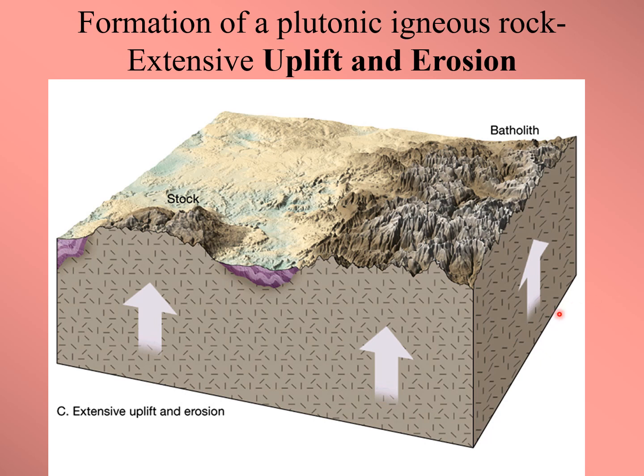And then the last thing: when we see plutonic igneous rocks exposed at the surface, in order for that to happen, you have to have lots of uplift and erosion. I think I mentioned this in plate tectonics, but as things erode, the overall weight of the continental crust gets less, right?